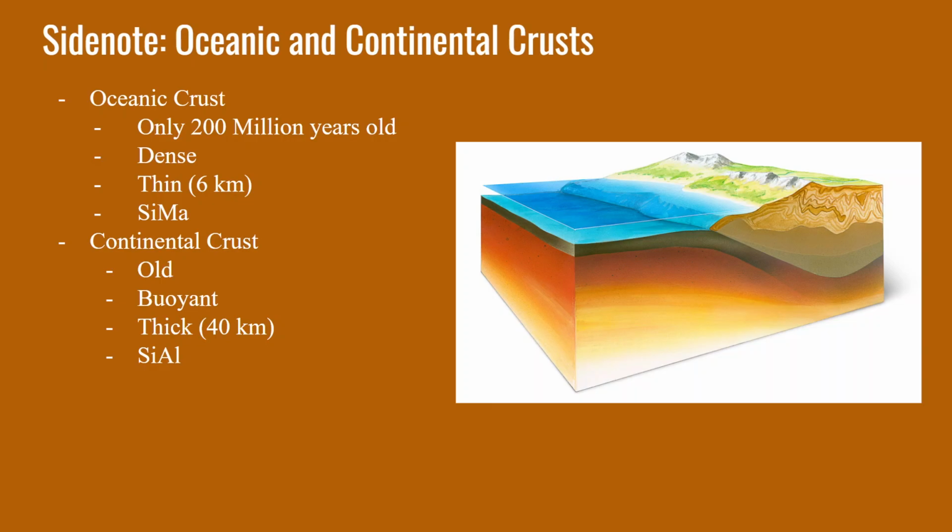It gets recycled roughly every 200 million years. Continental crust, however, is less dense. It's more rich in aluminum, and as a result, it'll float above the oceanic crust. It doesn't really get subducted or recycled, and it just sort of accumulates without being lost.